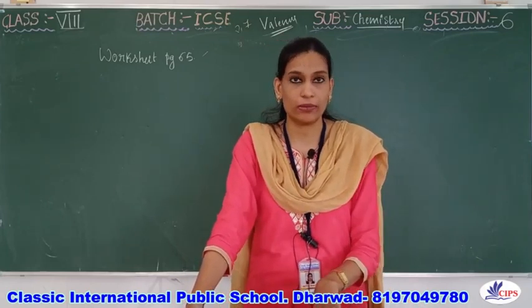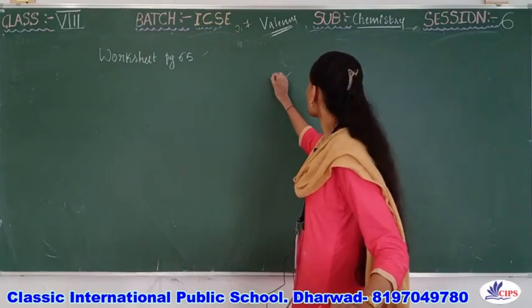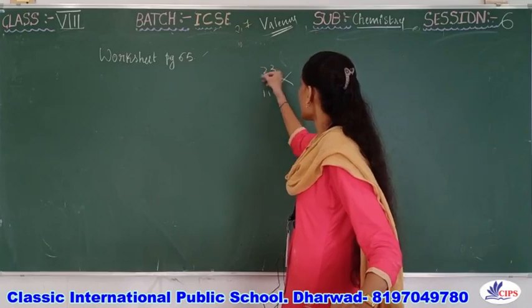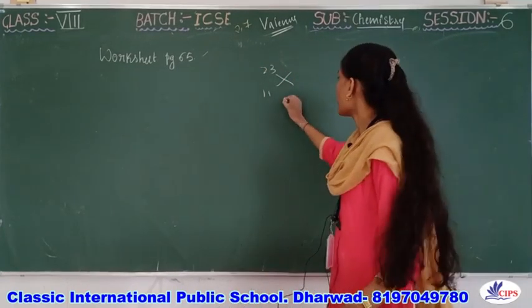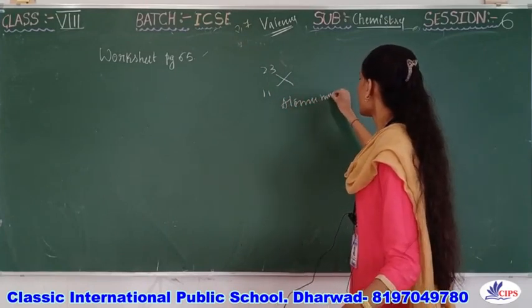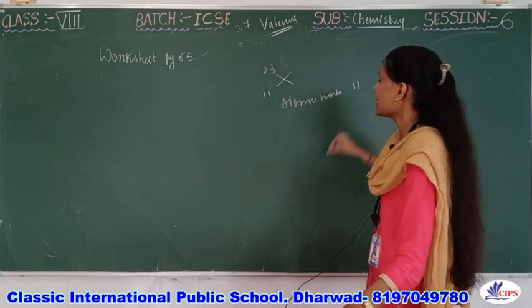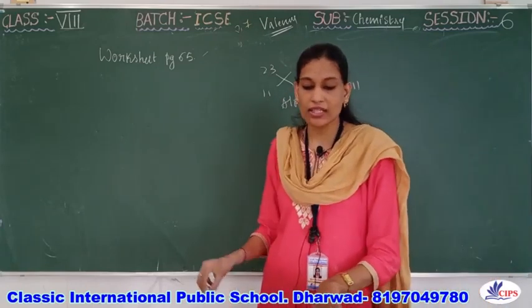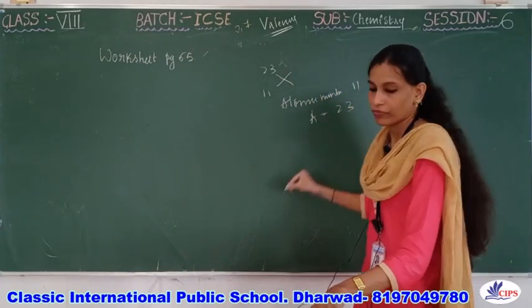Next we have: complete the following table. They have given X with 11 and 23. In this case, what is the atomic number, students? The number written in the subscript is 11. Mass number is 23.